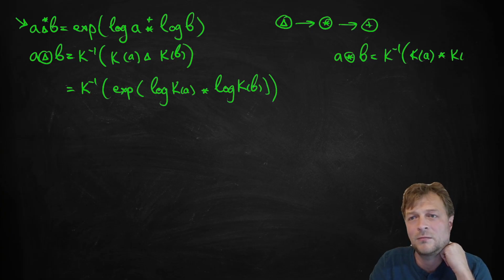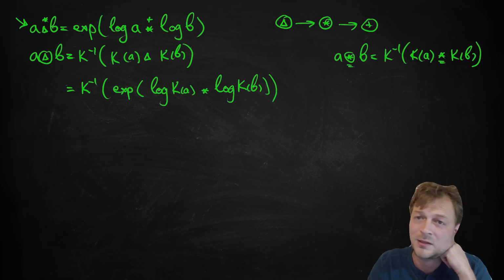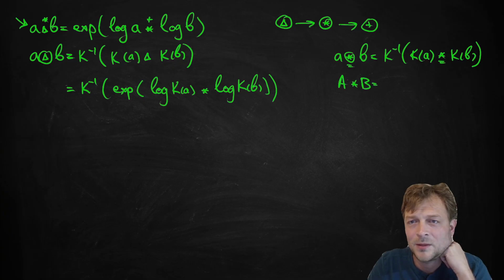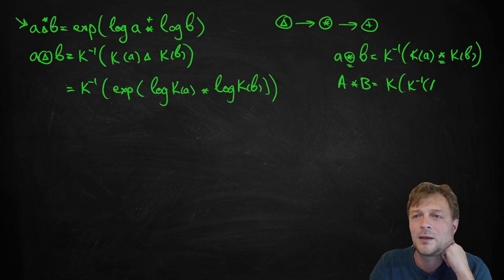We just express this in terms of this, so we reverse this equation. What we'll get? We'll get that capital A multiplied by capital B equals k minus 1 of capital A circular multiplication k minus first of B.